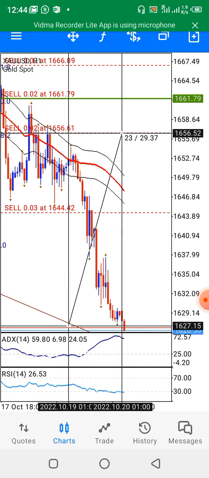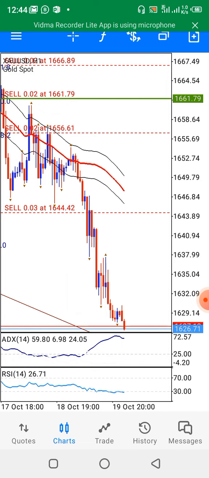So I made $29 if I'm using 10 cents, but now I'm using 20 cents, which is 0.02. What I do is multiply what I made by 2, which is 29.3 times 2. So the answer you get is what I made on this trade right now. That's for gold.